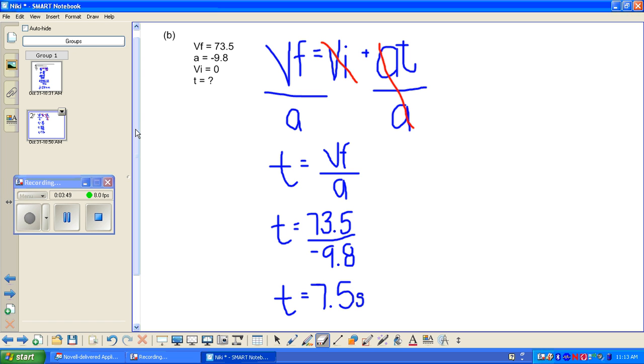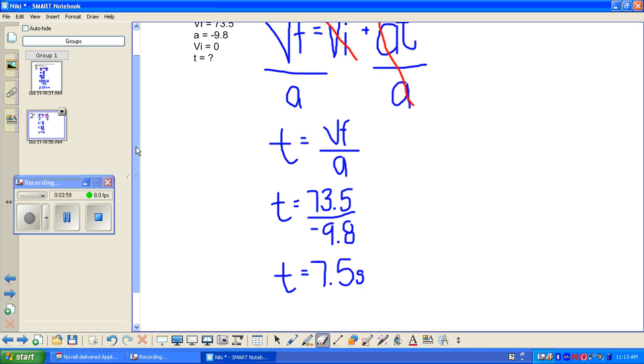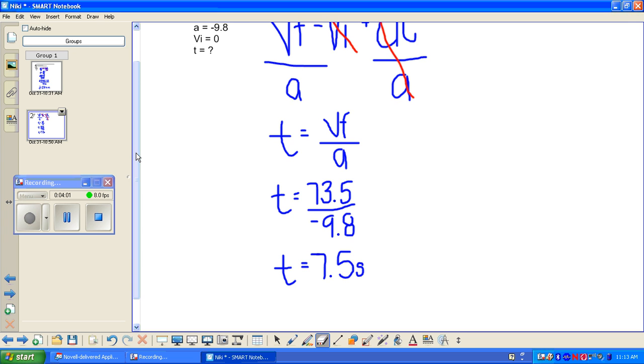And then the equation that we will have left would be t equals vf over acceleration, and that's equal to 73.5 divided by negative 9.8. And when you calculate that, the answer will be 7.5. It's actually going to be negative 7.5, but we can never have a negative time, so it will be positive 7.5.